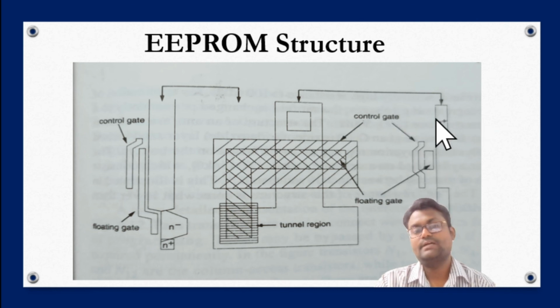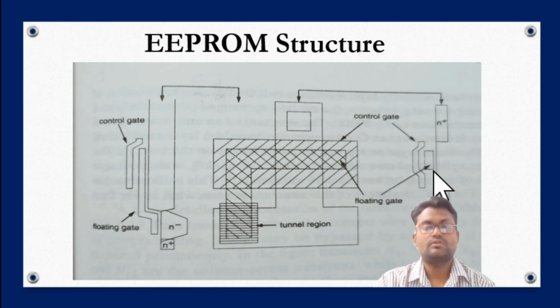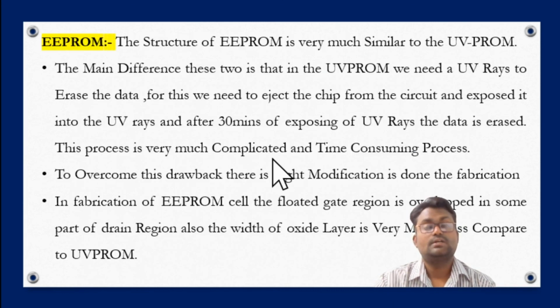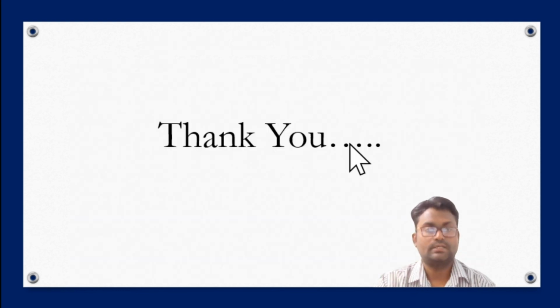So when we provide an electrical voltage to the drain, the electrons implanted in the floating gate, because of which it is negatively charged, are separated from it, and it is completely erased. This is the only difference between the fabrication structure of EEPROM and UV EPROM. Okay, I think these three topics are clear to all of you.